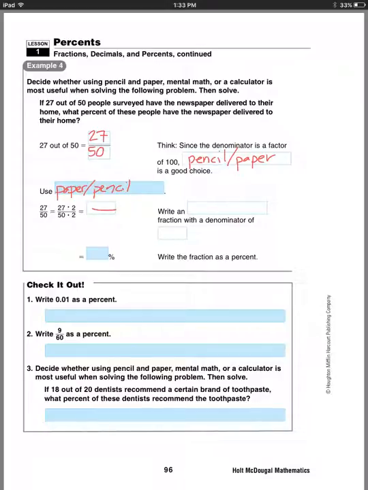If we multiply the 50 by 2, we multiply the numerator by 2. So we get 100 below, and we get 54 above. And 54 hundredths is an equivalent fraction. We talked about those, I think, in chapter 4, with a numerator of 100. And then your answer is just the numerator with the percent sign, so 54%.